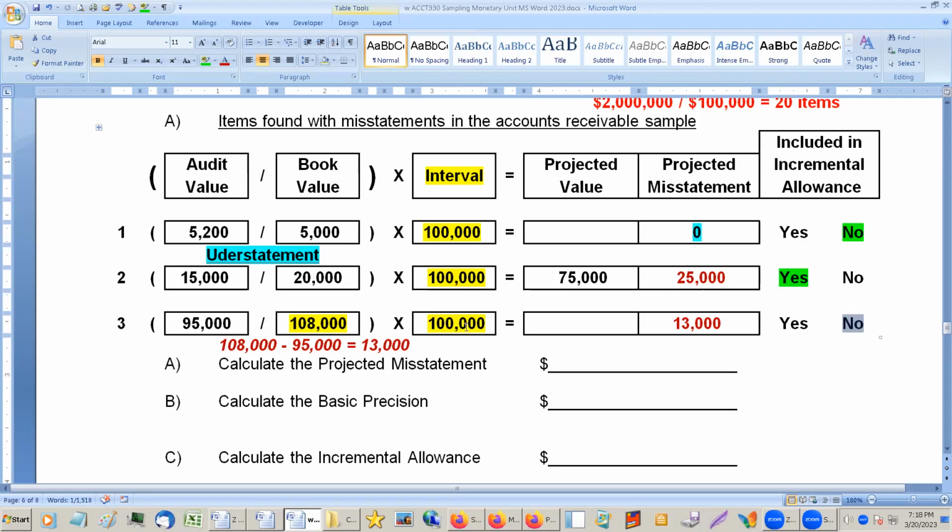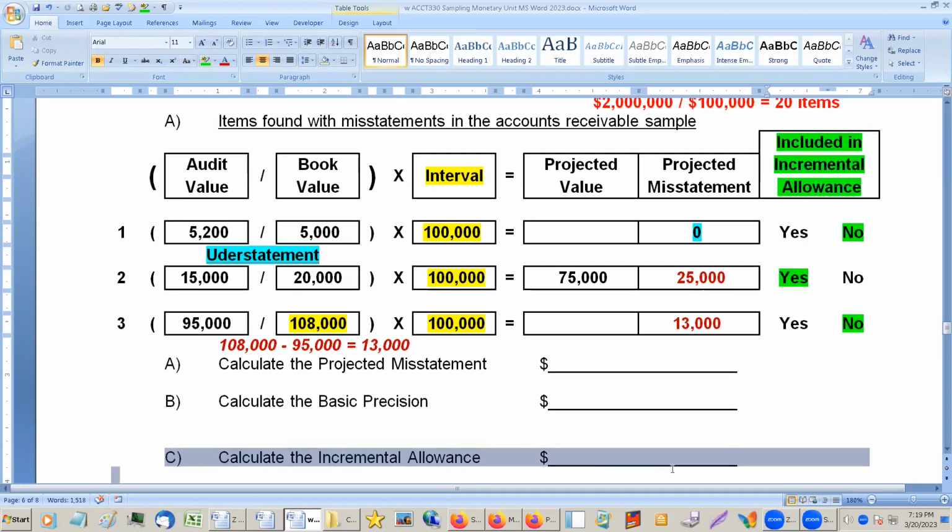It's sort of like taking 100% of the items. So this one will not be included in the incremental allowance below, this incremental allowance down here.